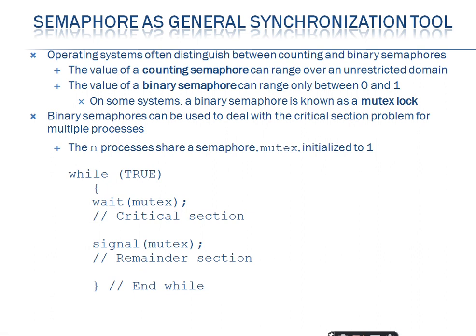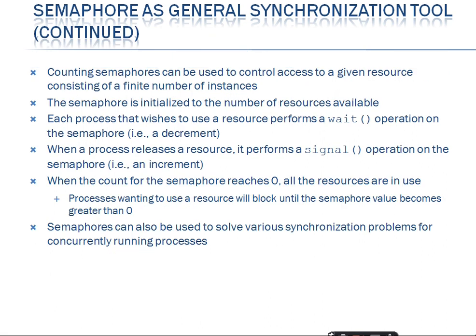Remember here, we are calling mutex for the binary semaphore. When we call the wait function over this mutex, then we execute the critical section, and then we call signal over the mutex, and then the remainder section. So this is how we can synchronize processes using semaphores, using a binary semaphore.